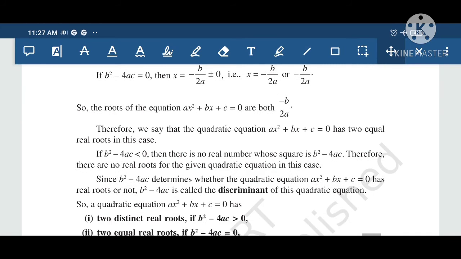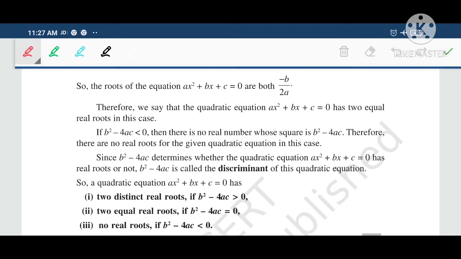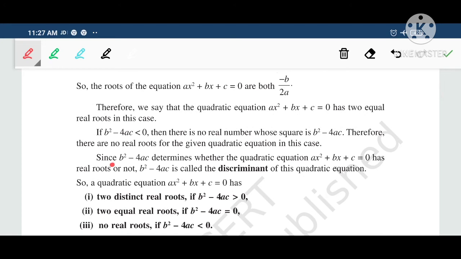if b square minus 4ac is less than 0, there is no real root. There is no real number whose square is b square minus 4ac, therefore there is no real root. Less than 0 means a negative value.